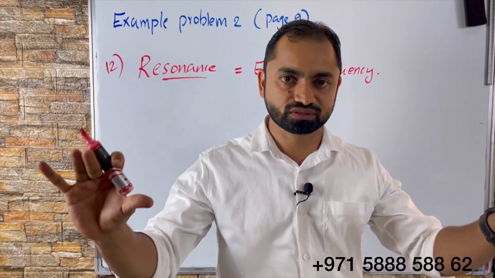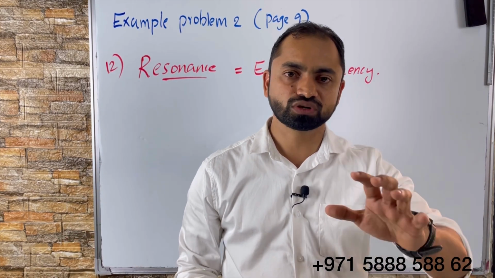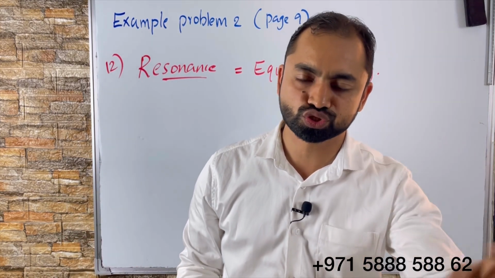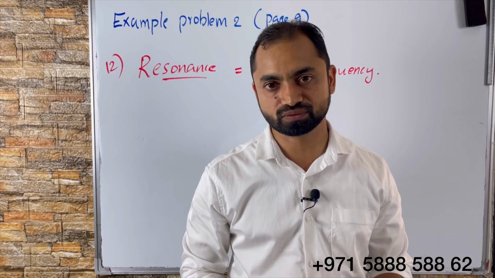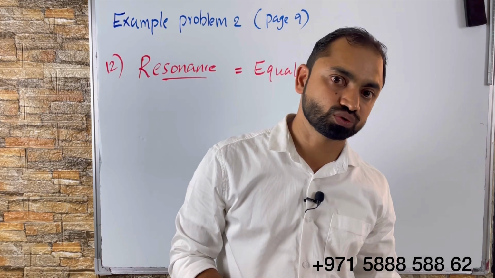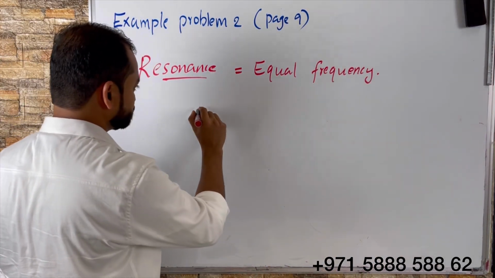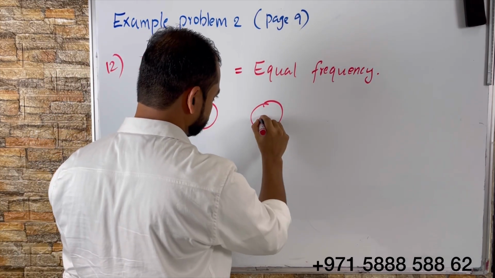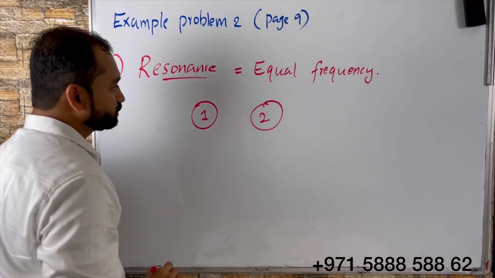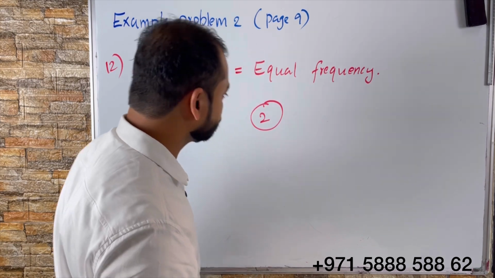Every object has its own natural frequency. Natural frequency is also called resonant frequency. For example, here we have two objects. This is object 1 and this is object 2, and for example, they are in contact.